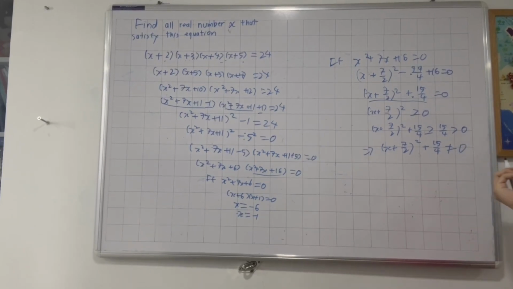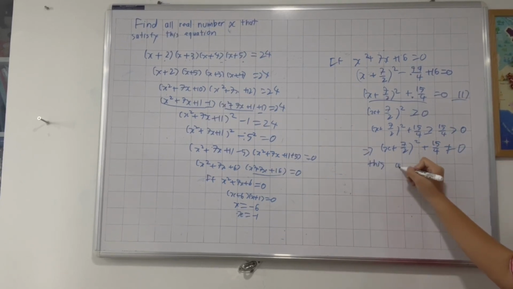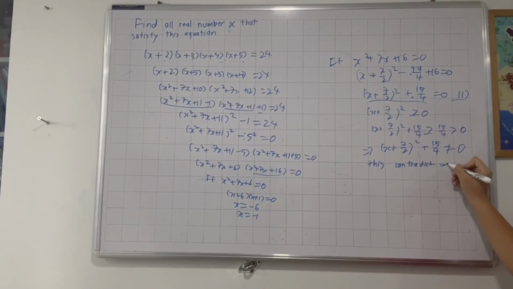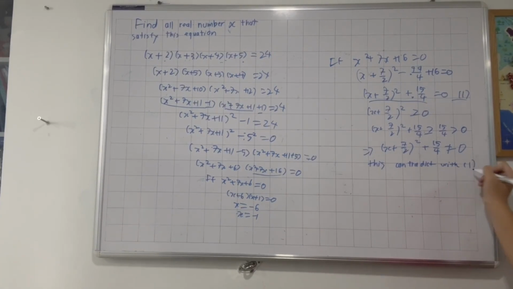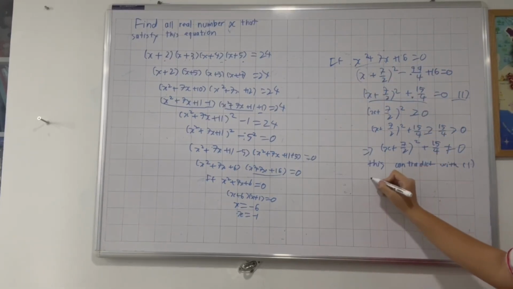Let's set this as 1. So this contradicts with, so therefore this equation here has no solution.